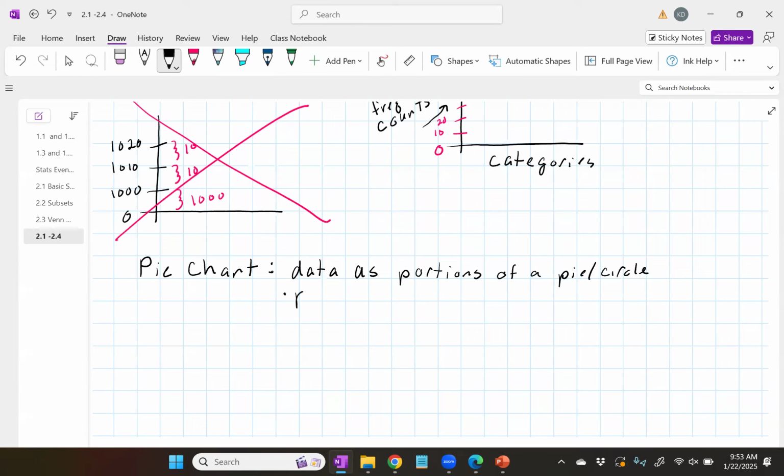This is great for percent data. So a lot of times with our relative frequency, we're going to use a pie chart with that because it fits well. So you see what portion of the pie.